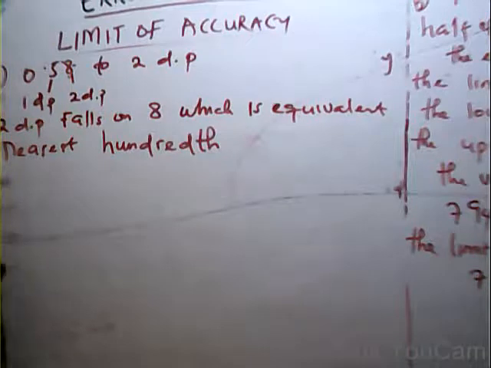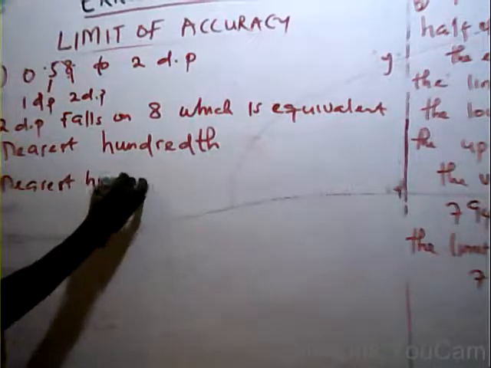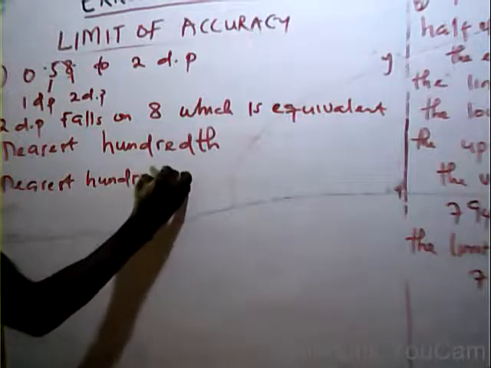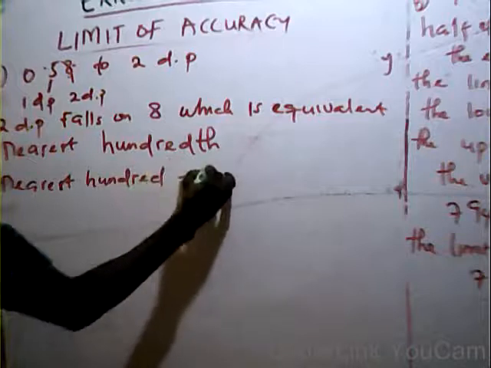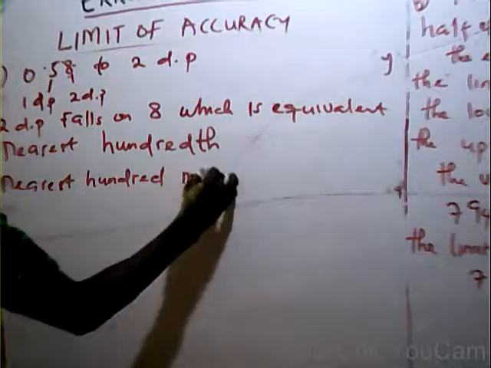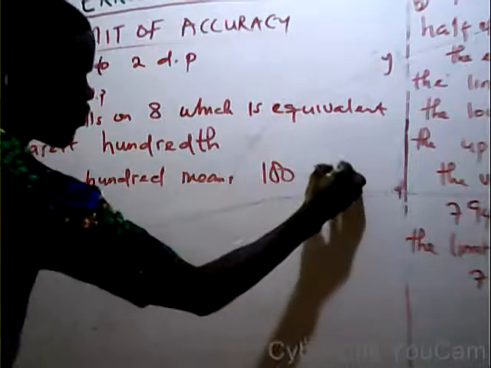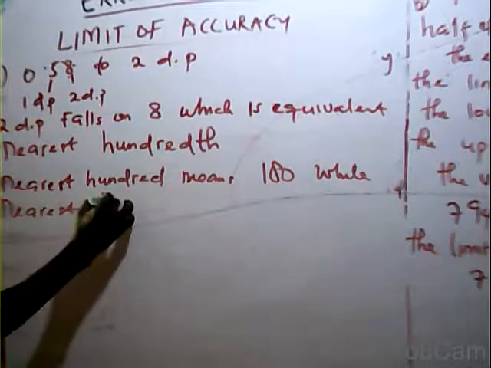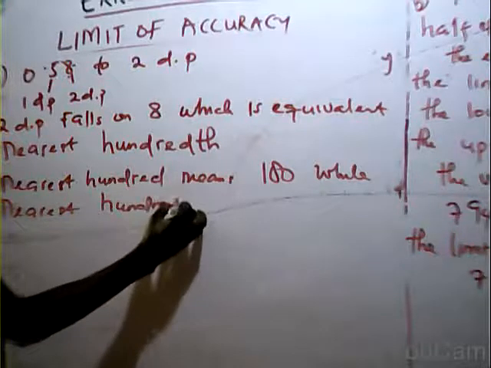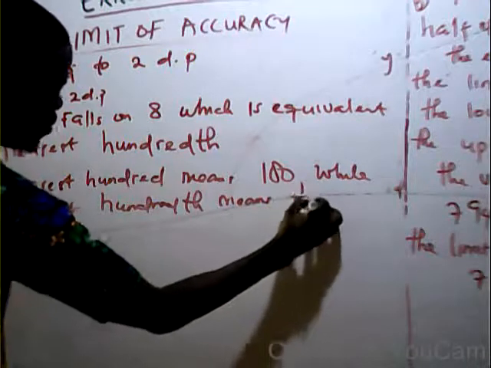For example now, take note of this. Nearest 100 is this. Nearest 100 means 100, while nearest hundredth means 1/100.